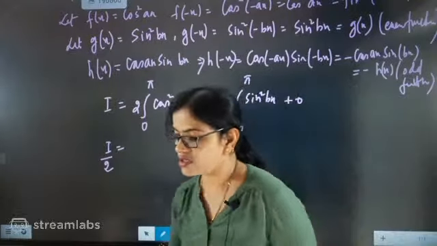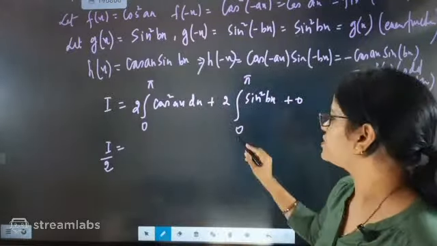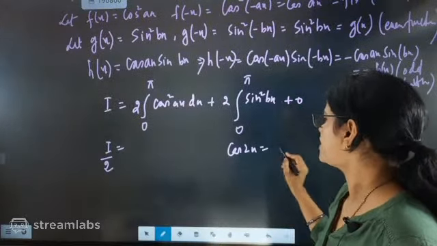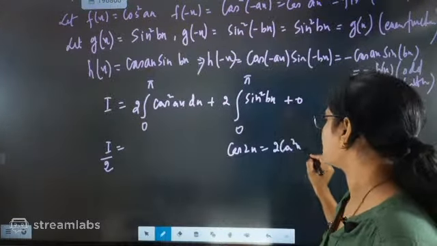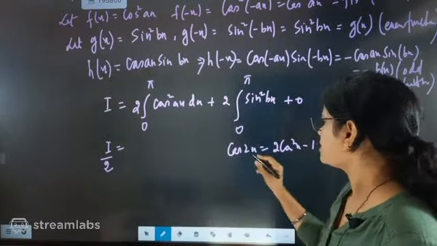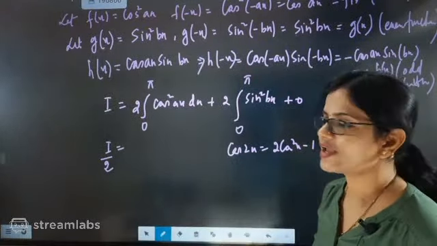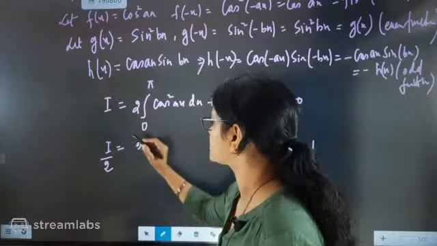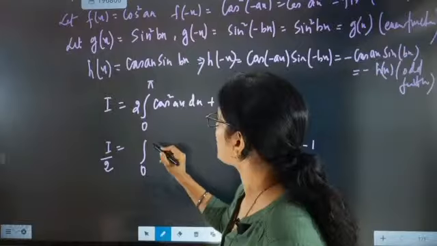We know one very important formula: cos 2x is 2 cos square x minus 1. So if a is there, it becomes cos 2ax.